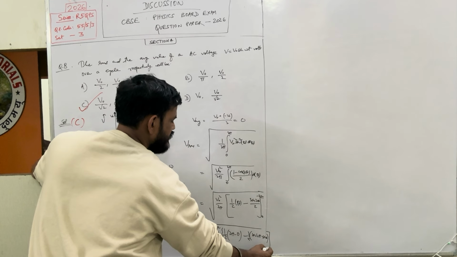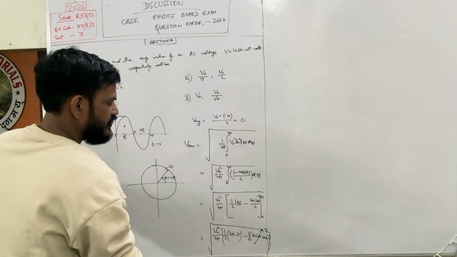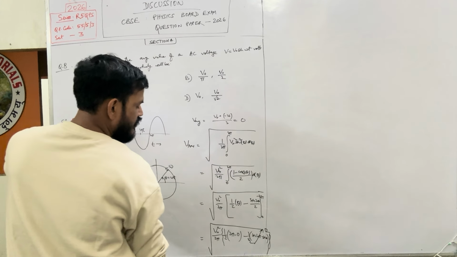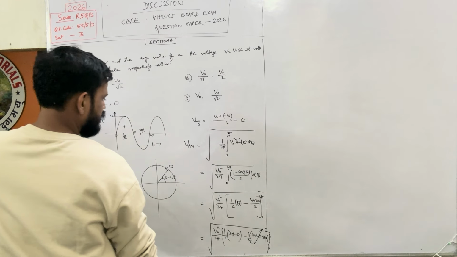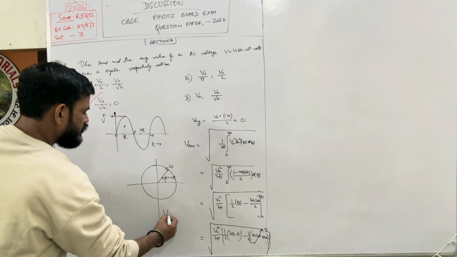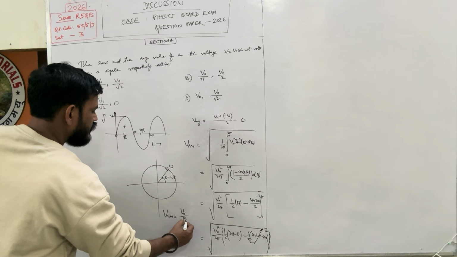So in both the cases this portion is 0, sine of 4 pi is 0, sine of 0 is also 0. So we are left with this, 2 pi will get cancelled, V square by 2. So V RMS comes out to be V naught by root 2.